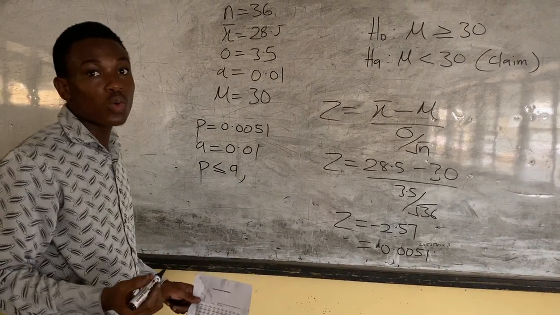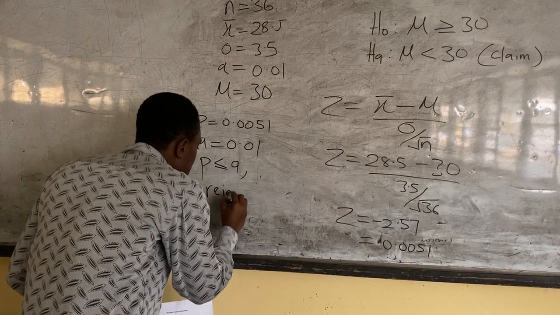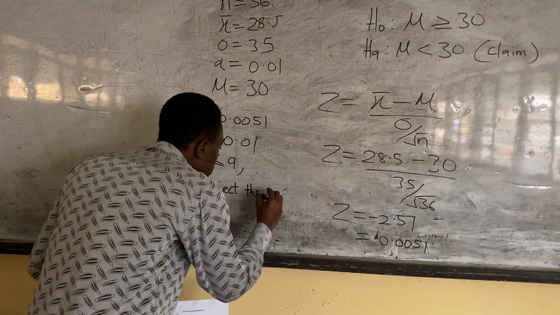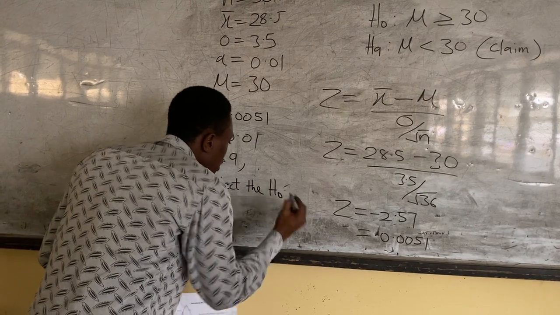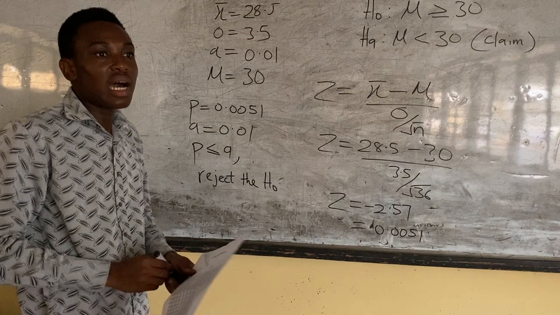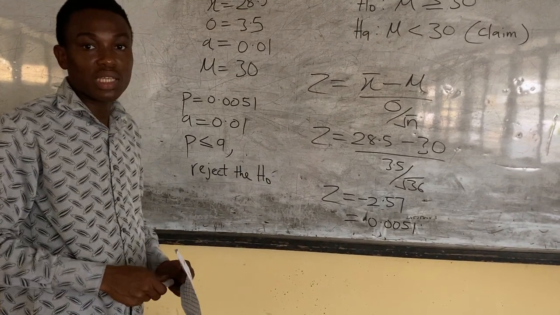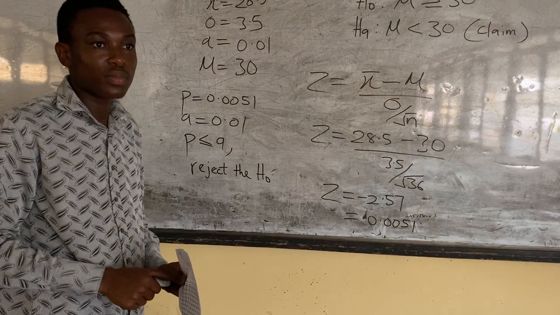Our decision rule is therefore to reject the null hypothesis. And then our final decision is that there is enough evidence to support the claim.